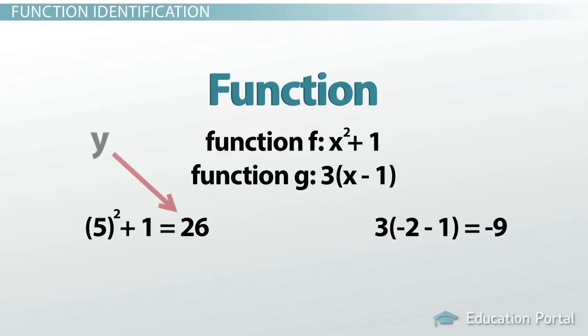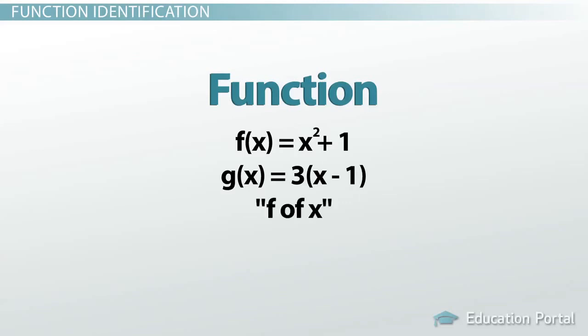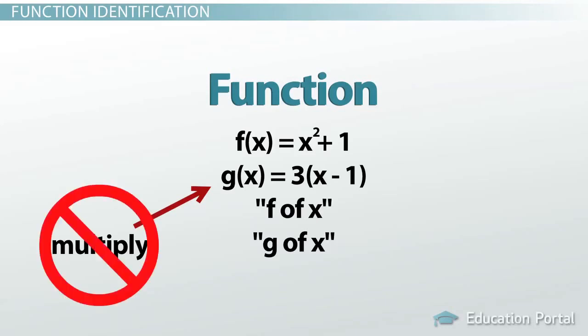Okay, so instead of calling the outputs y, the outputs from the f function will be called f of x, and the outputs from the g function will be called g of x. Notice that I'm saying f of x or g of x. I'm not saying f times x. It can be easy to see the parentheses and think multiply, but if it's an f or a g, resist the urge.